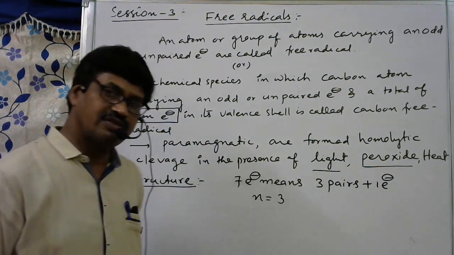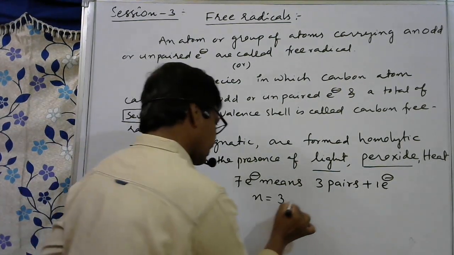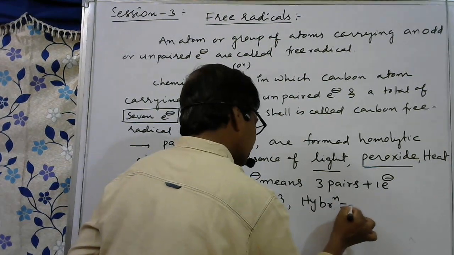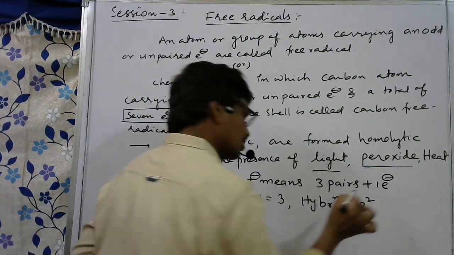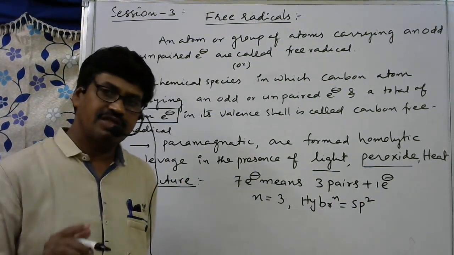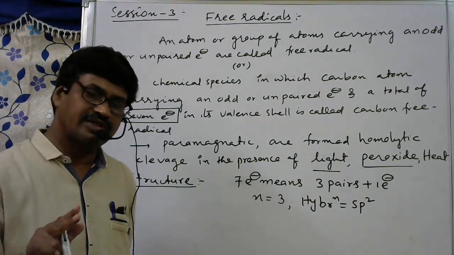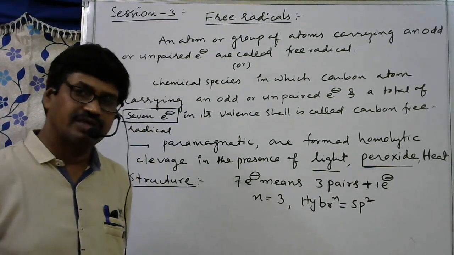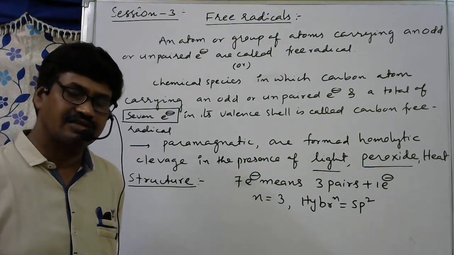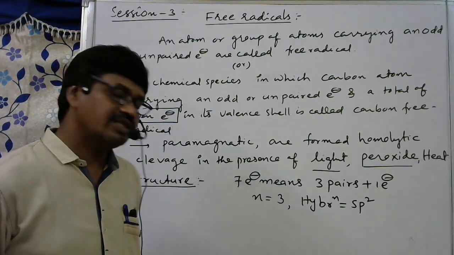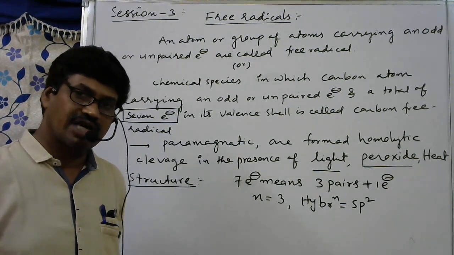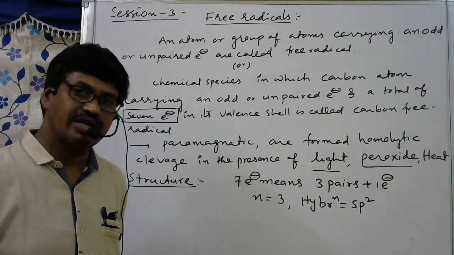If n equals 3, what hybridization can we expect? Hybridization is sp2, as discussed in previous classes. If n equals 2, we can expect sp hybridization with linear shape and 180 degrees bond angle. If n equals 3, sp2 hybridization with trigonal planar or triangular planar shape with 120 degrees bond angle.